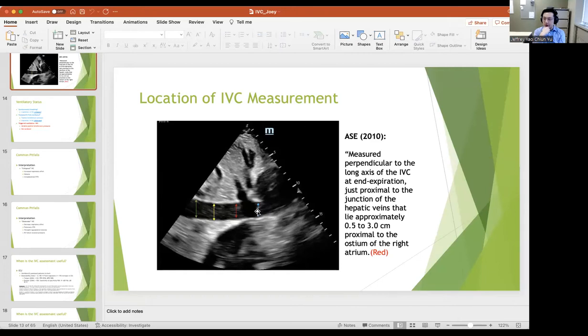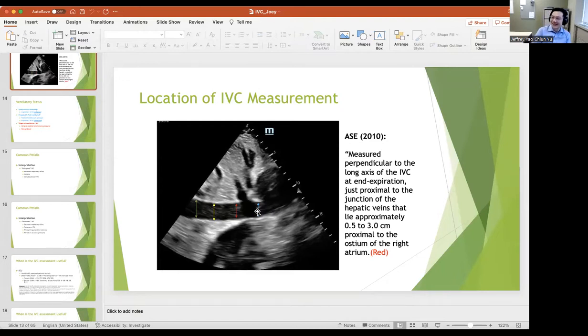I would still recommend using the ASC-based guidelines just so that we can get a sense of the right atrial pressure when we're going to be checking for the RVSP, for example. Because I personally would be unlikely to use the IVC as a measure for overall fluid responsiveness, fluid tolerance, or fluid appropriateness based on all the discussions that we've had so far. And I'm not sure, Mike, if you have any other thoughts on that.